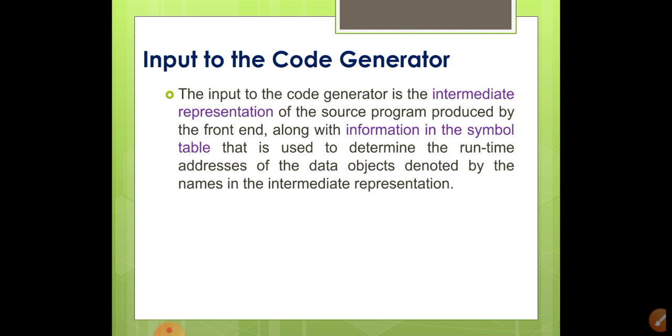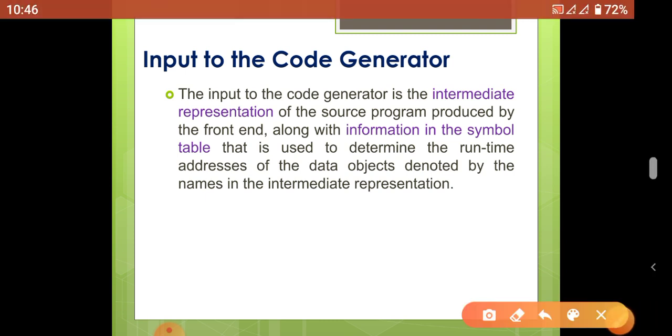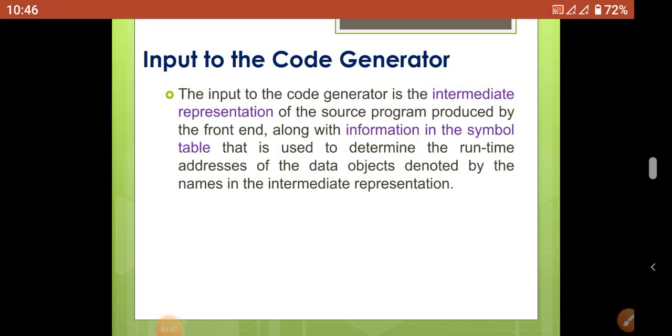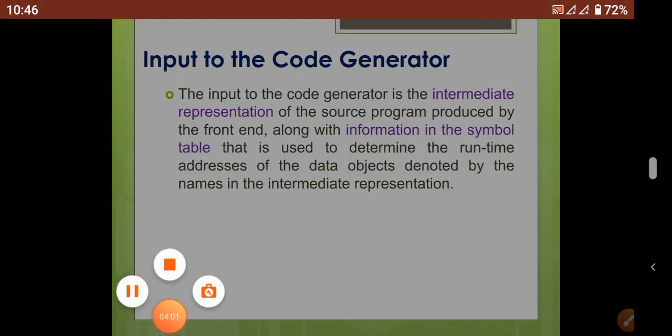By using this information, the code generation phase converts the variables, identifiers as well as labels, into equivalent machine addresses. That is the purpose for which the code generation phase is always connected with two phases, one is the intermediate code generator, another one is the symbol table manager.